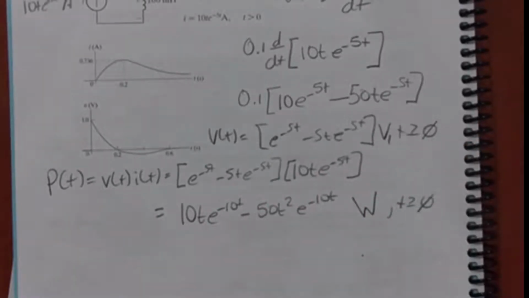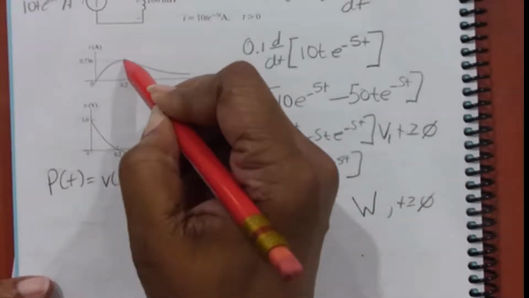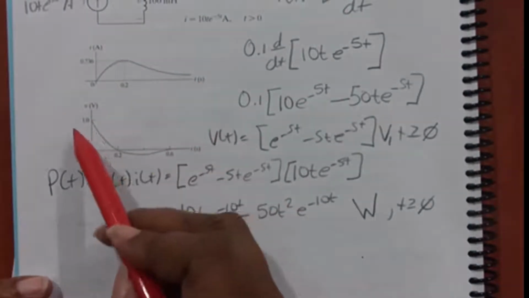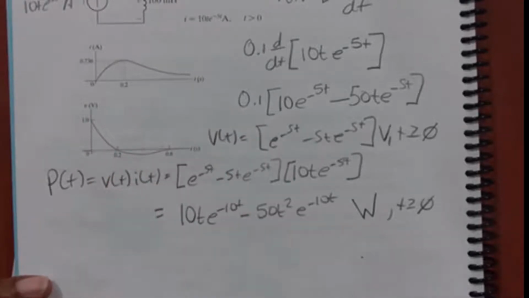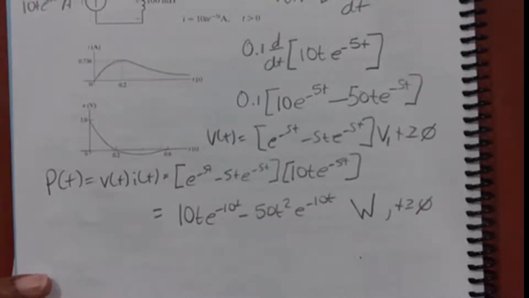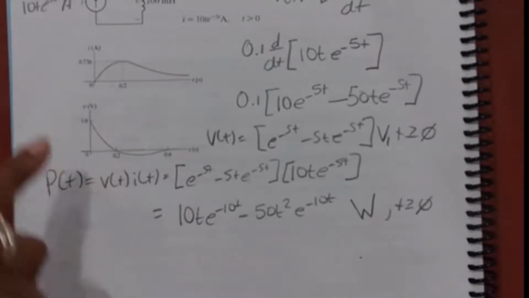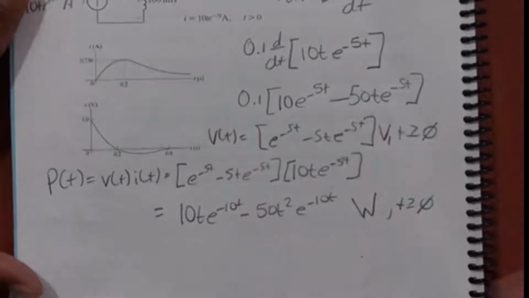So what you should see here is that when the inductor is charging, I have a positive slope. When the inductor is discharging, I have a negative slope. And what happens with that is I see my voltage go from a positive to a negative number, which makes sense because the derivative is the slope of the tangent line. So my power is also going to go from positive values to negative values.